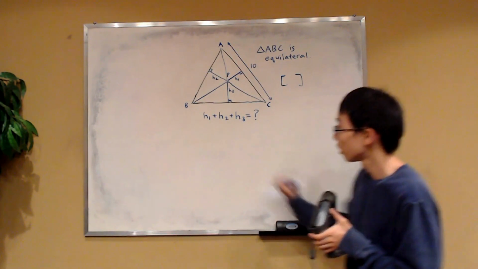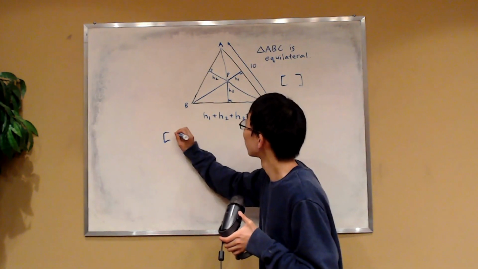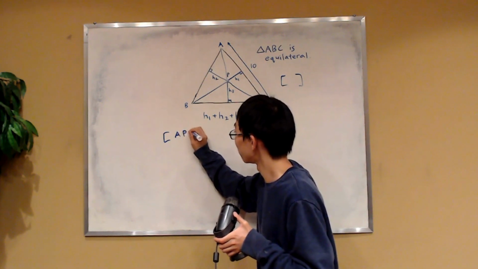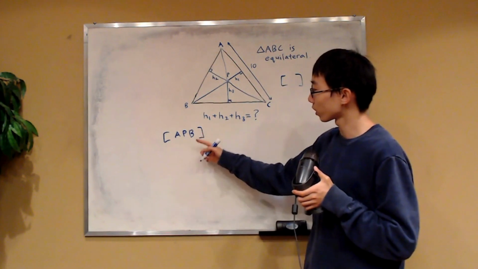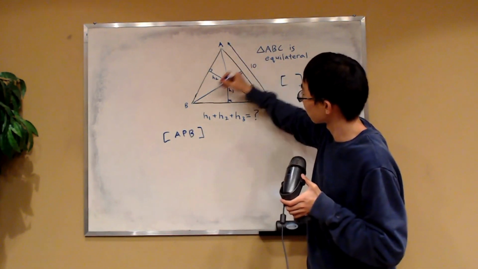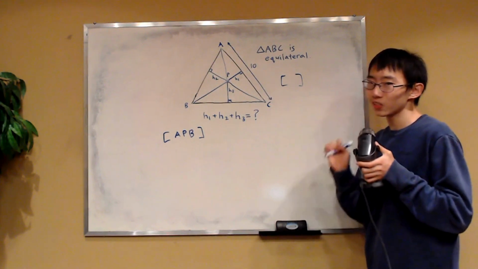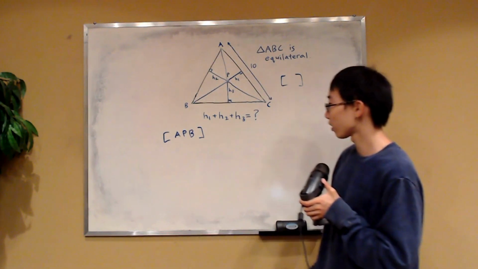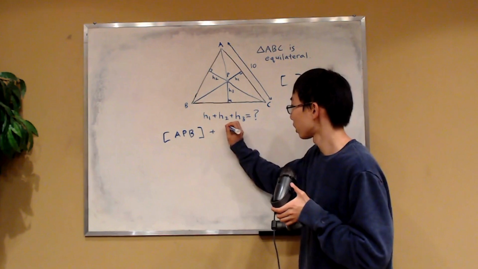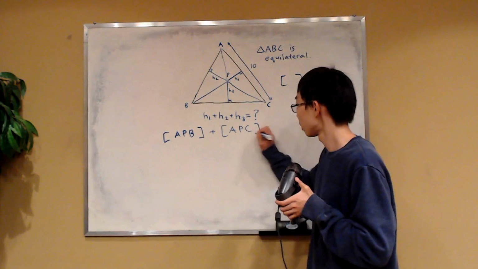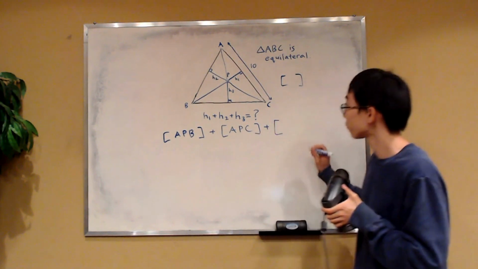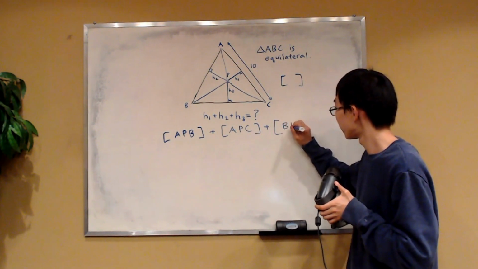So for instance, the area of APB will be denoted like this. That's the area of triangle APB. Now, I want you to consider the quantity area of APB plus area of APC plus area of BPC.